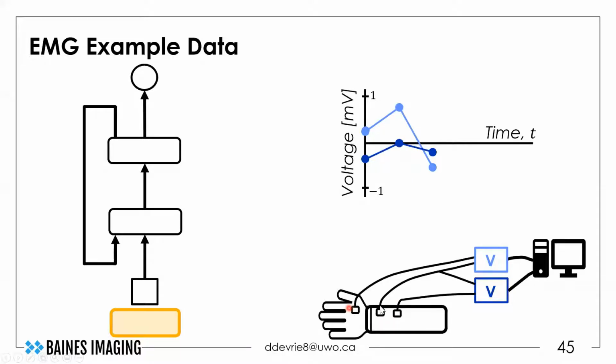Here we have a 2-channel setup, so we have 2 voltages that are being recorded by a computer. This is an example graph that we could have of those 2 channels. So over time, the voltages of those electrodes change. And maybe we want to use these signals to try to classify what that hand is doing. So maybe it's grasping things in different ways.